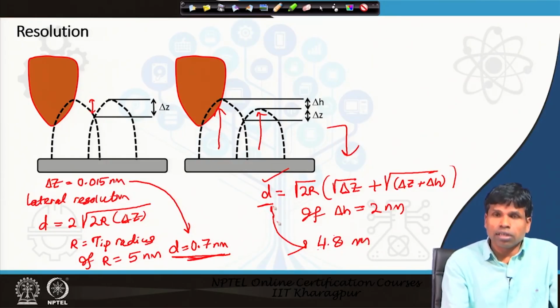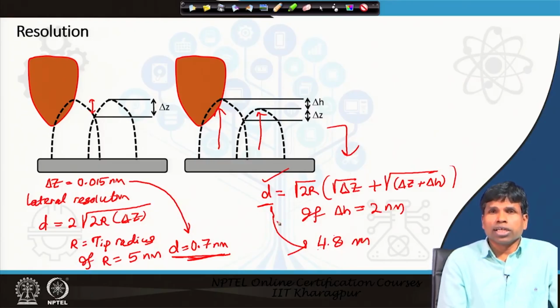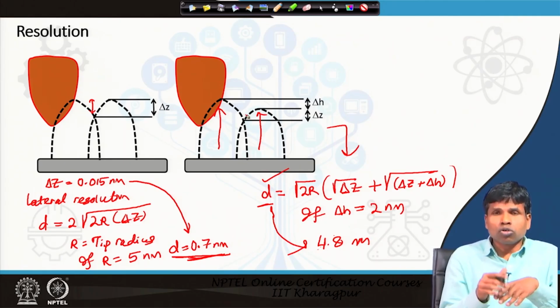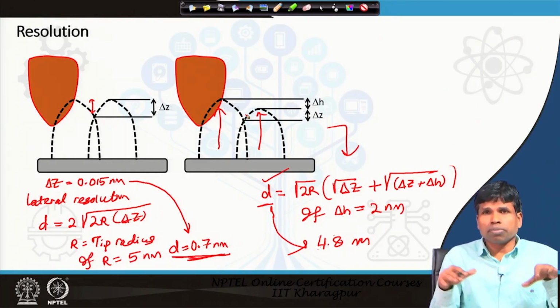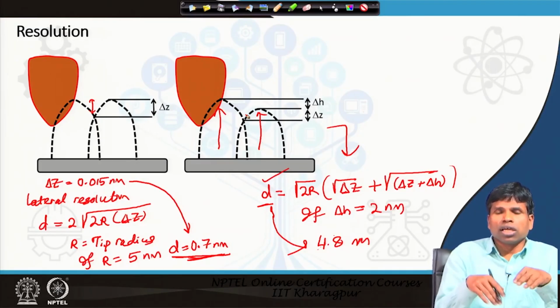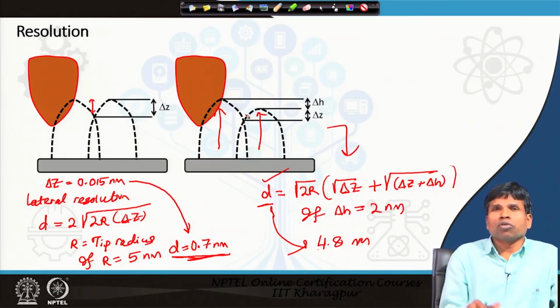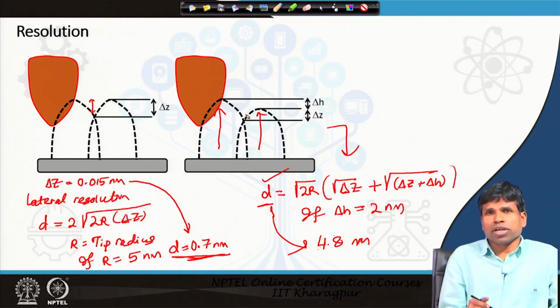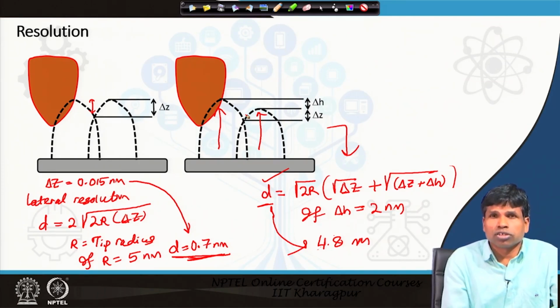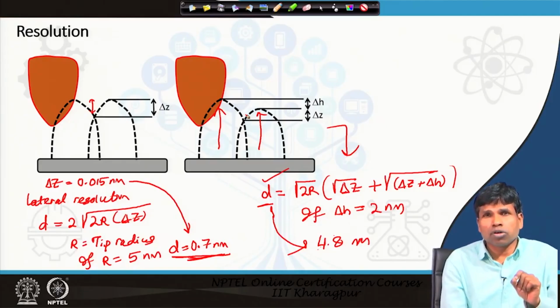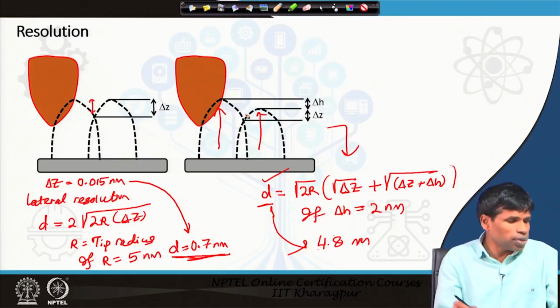The resolution deteriorates or becomes poor when the height changes. So the concluding point is that for a very rough sample, where features have quite large differences in height, we cannot get very good lateral resolution. That is the problem with the atomic force microscope as far as lateral resolution is concerned. So, atomic force microscope is good for smooth samples, not for samples which are very rough in nature.